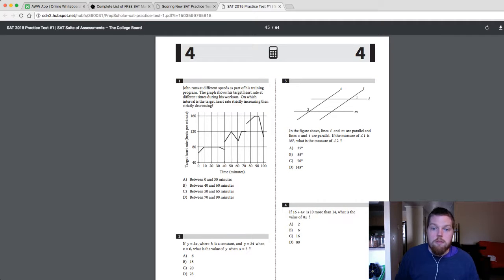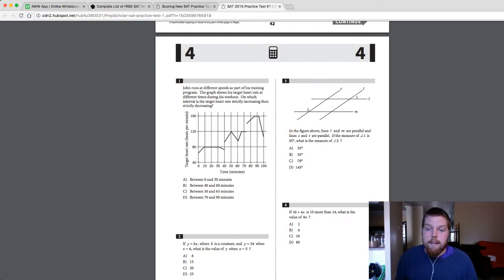Okay, next problem, number 3. In the figure above, lines L and M are parallel and S and T are parallel. If the measure of angle 1 is 35, what is the measure of angle 2? Okay, so if these lines are parallel, S and T, and L and M are parallel, then that means that this angle 1 right here is going to be the same right here, right here, and right here.